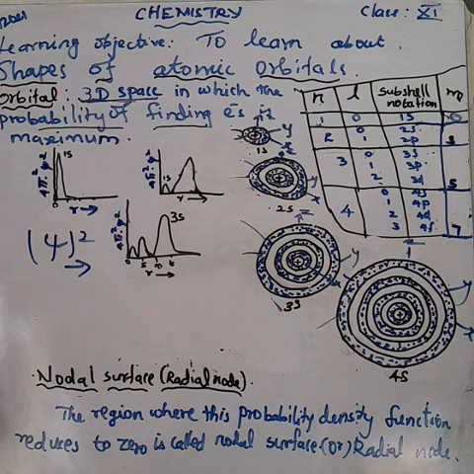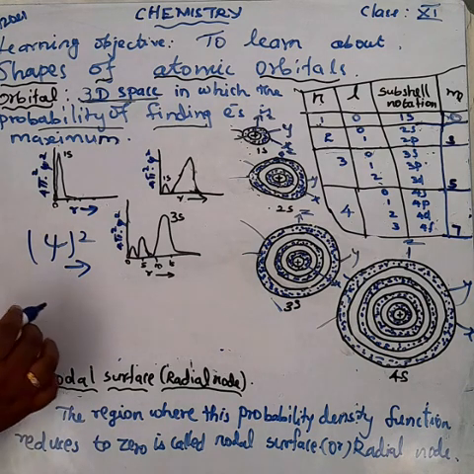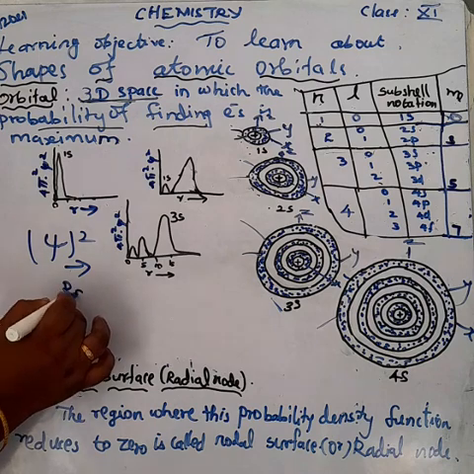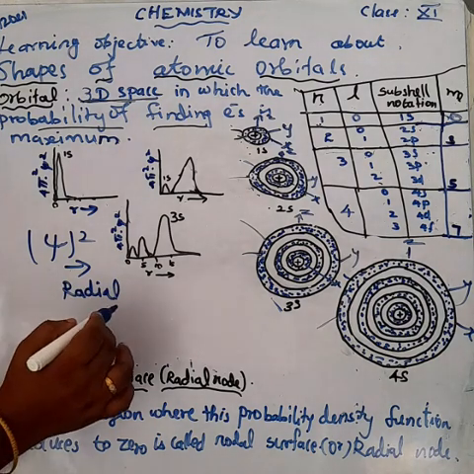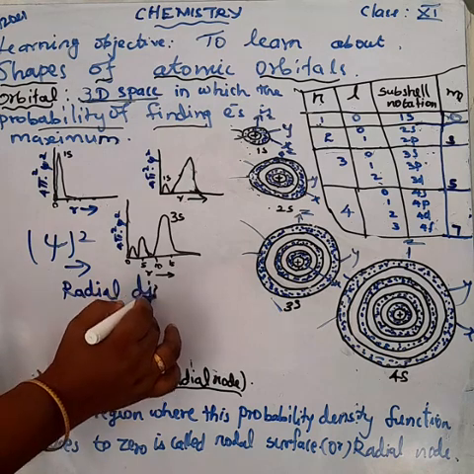Already I told you that R represents the radial wave function. The distance from the nucleus where the probability of the electrons is maximum is explained by the radial distribution function.